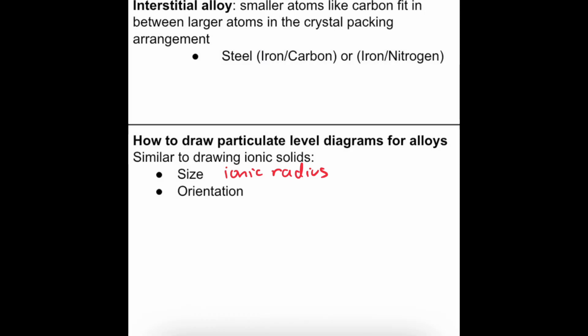So if you have, say, a large and a small, then you should probably be drawing an interstitial. However, if you have two metals that are both around the same size, so if you have two large ones or two small ones, you're probably going to want to draw a substitutional alloy.